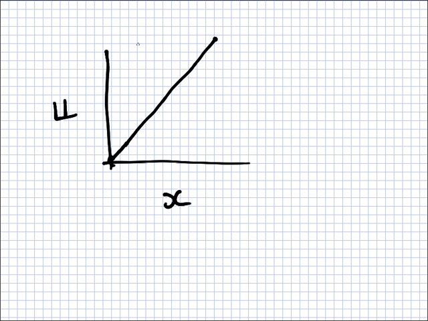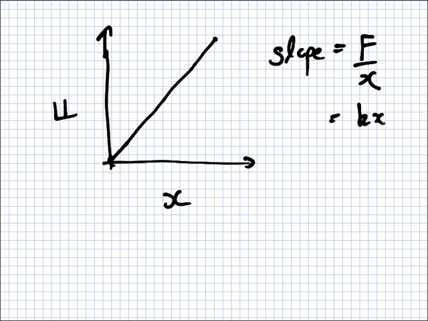Like this, right? But what's the slope of this graph? Well, the slope is going to be F over x. But F is kx, so kx over x. I'm not so worried about the minus, because the minus is just for direction. Which equals k.